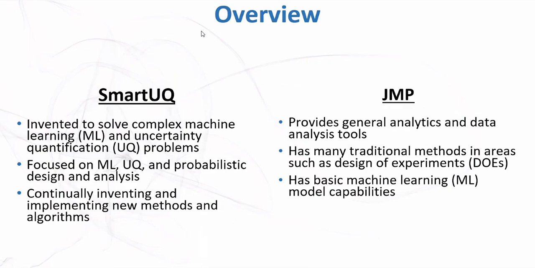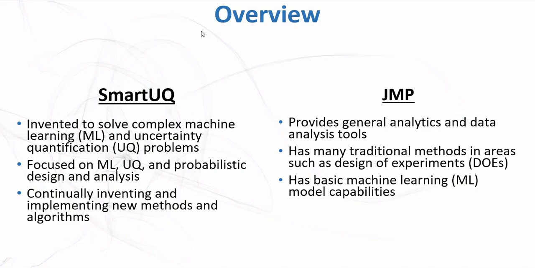For an overview of SmartUQ as compared to JMP to start with, SmartUQ and JMP or JMP Pro can be complementary tools because they're really designed for different purposes. Some SmartUQ customers use both tools. SmartUQ was invented to solve complex machine learning and uncertainty quantification problems.